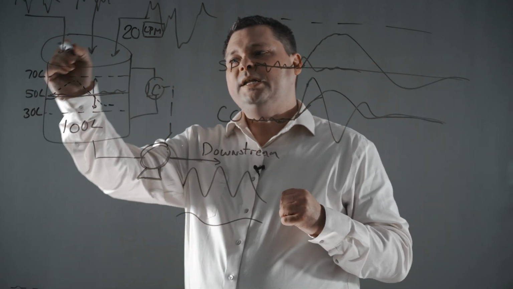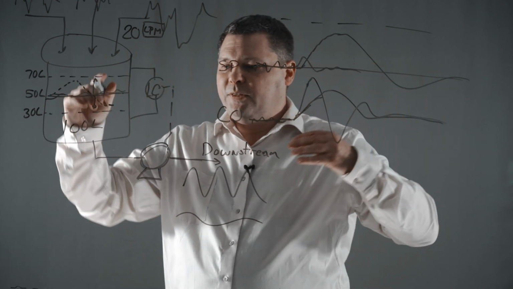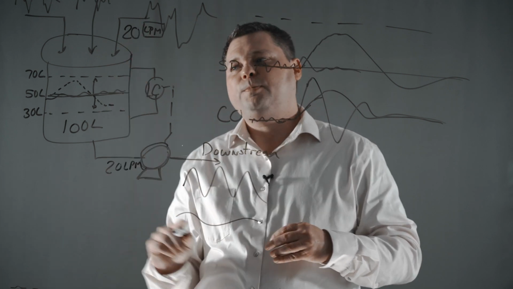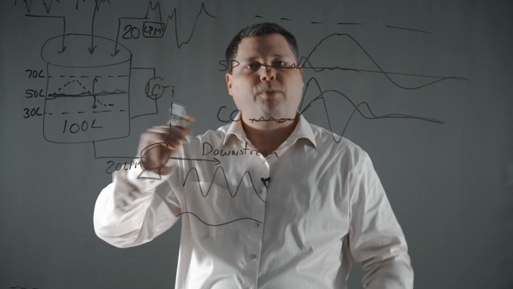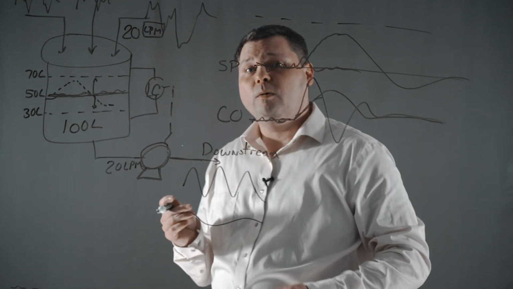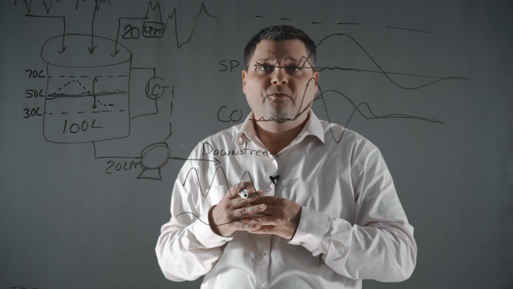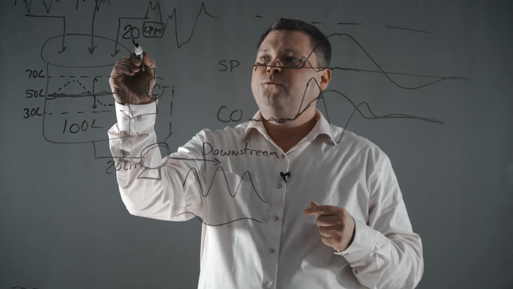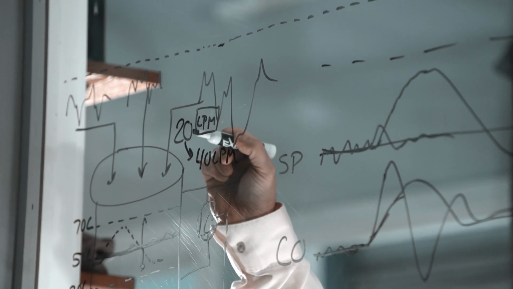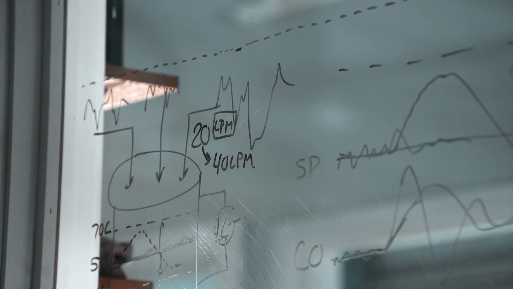And if we're running 20 liters per minute and everything is balanced, we got 20 liters per minute out, 20 liters per minute in, our process variable is going to be perfectly flat. Let's say that the disturbance flow can vary up to, say, 40 liters per minute. So the disturbance goes from 20 to 40 liters per minute.